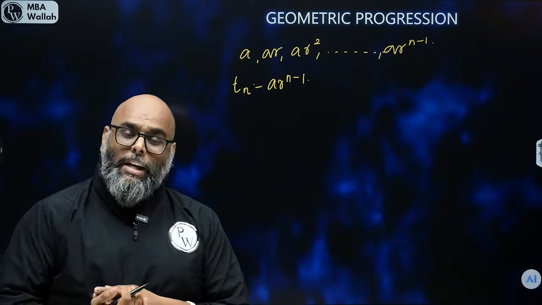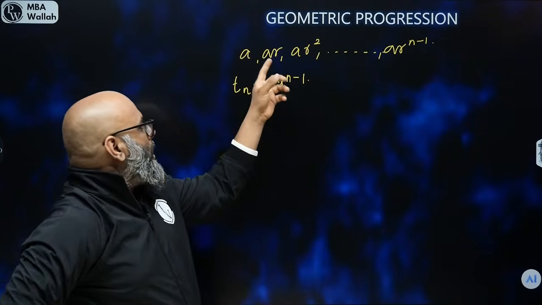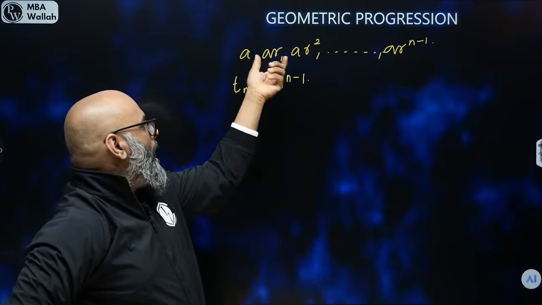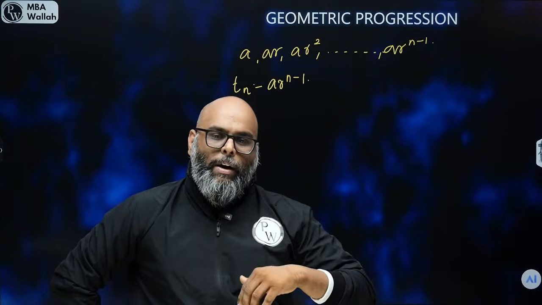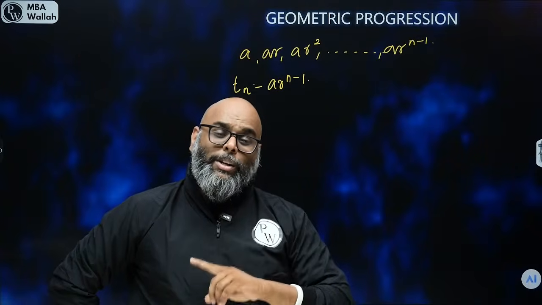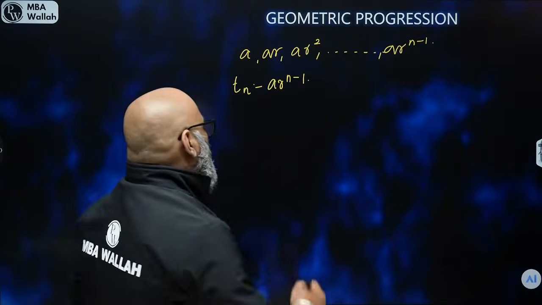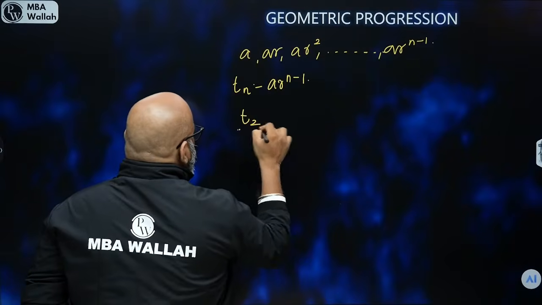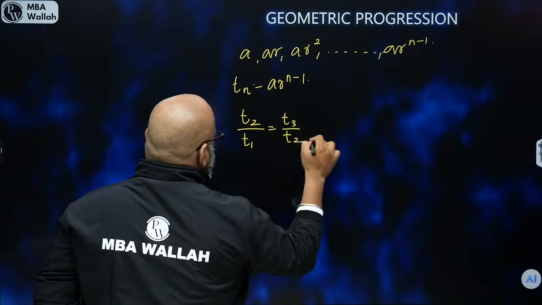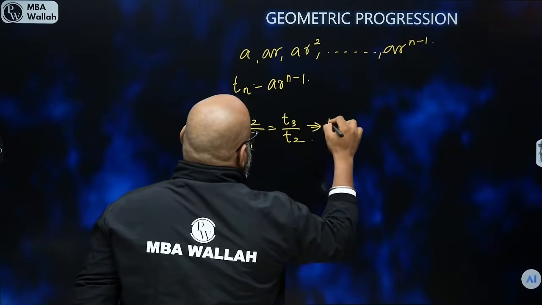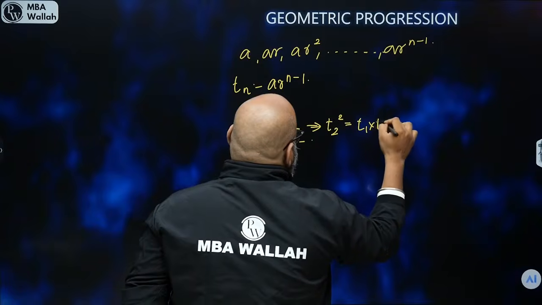How do I prove that any given series is a GP? Now, when it comes to AP, second term minus first term, third term minus second term, the gap between them should be the same, or the generic pattern would be T2 minus T1 is equal to T3 minus T2. Here we say T2 by T1 is equal to T3 by T2, or from here we can say T2 square is equal to T1 into T3.